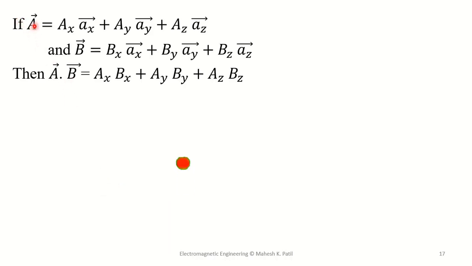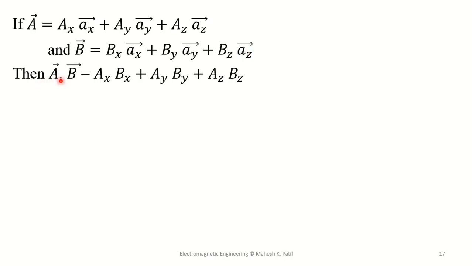Suppose vector A is given as AX bar plus AY bar plus AZ bar, and vector B is given as BX bar plus BY bar plus BZ bar. Then the dot product A bar dot B bar is equal to the corresponding X elements multiplied, plus the corresponding Y elements multiplied, plus the corresponding Z elements multiplied.